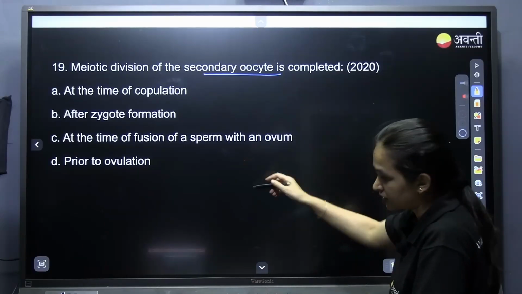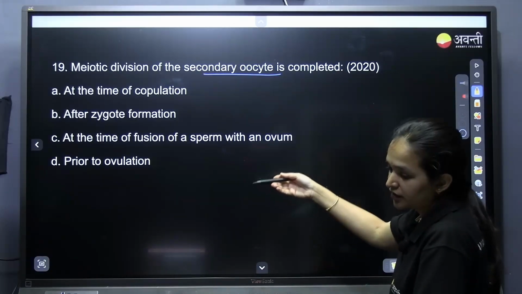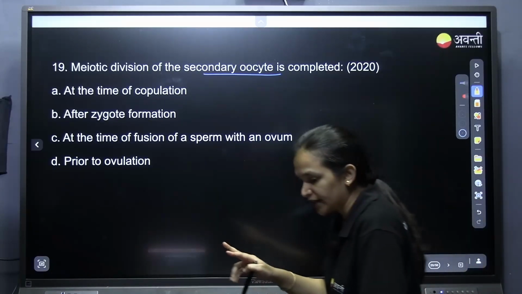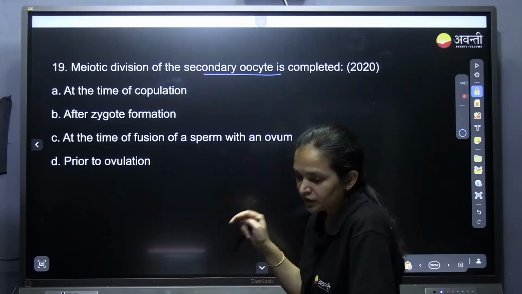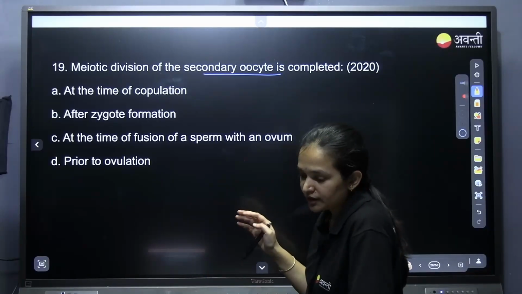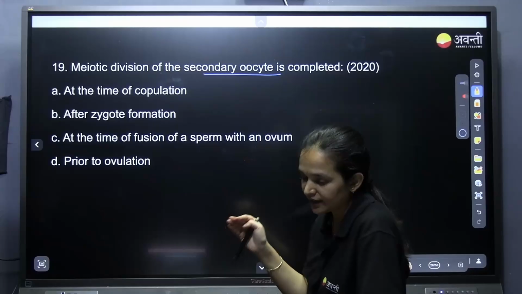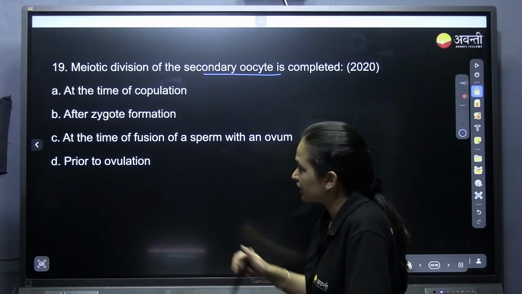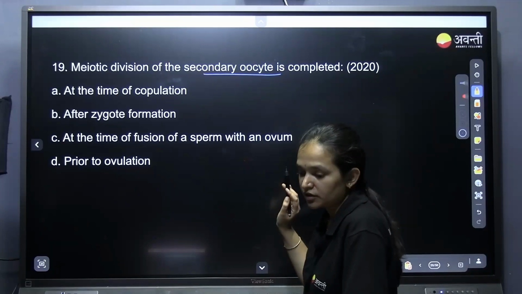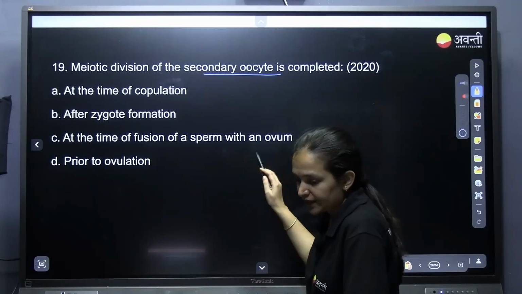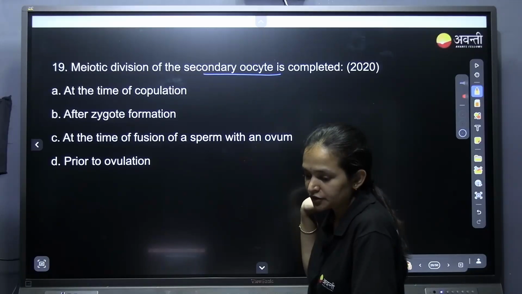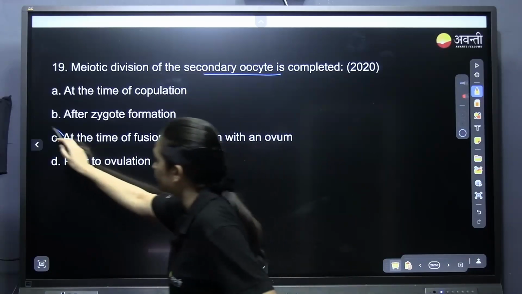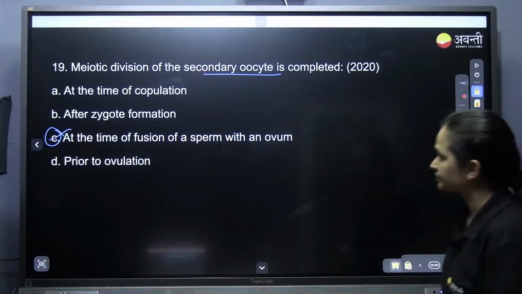When the sperm enters the zona pellucida, it triggers the second meiotic division, where the secondary oocyte is divided into the ovum, the female gamete, and another one is the polar body, which will degenerate. So that is the complete meiotic division of the secondary oocyte. Understood? So it takes place at the time of the fusion of sperm and ovum, which means before the fusion.